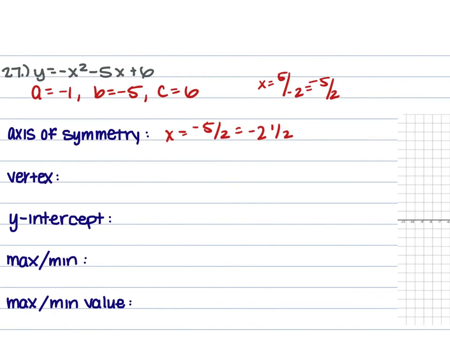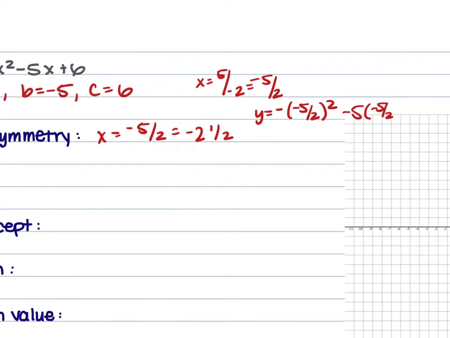For our vertex, we have y is equal to negative times negative 5 over 2 squared minus 5 times negative 5 over 2 plus 6. So that's going to give us y is equal to negative 25 over 4 plus 25 over 2 plus 6 over 1.